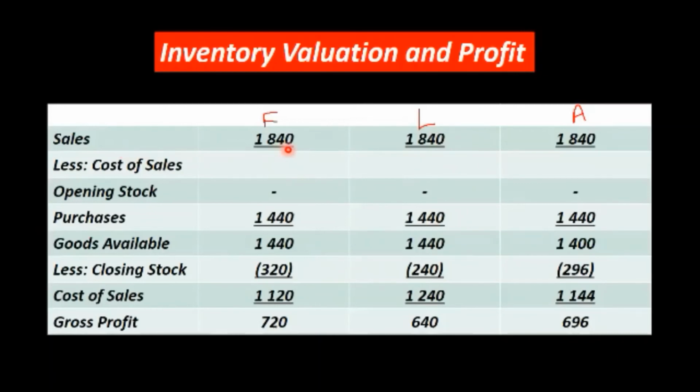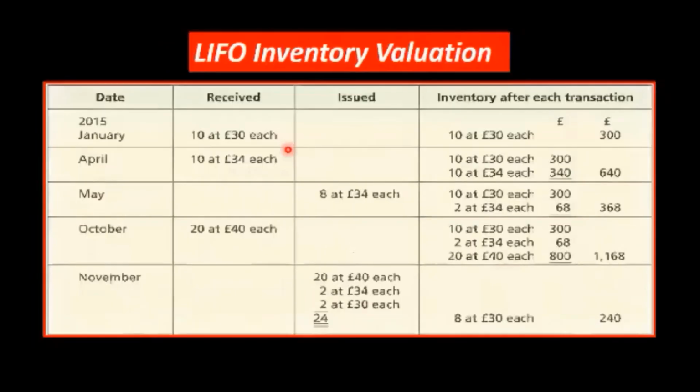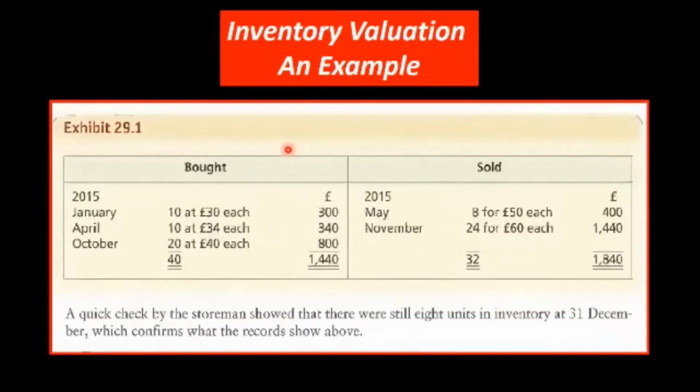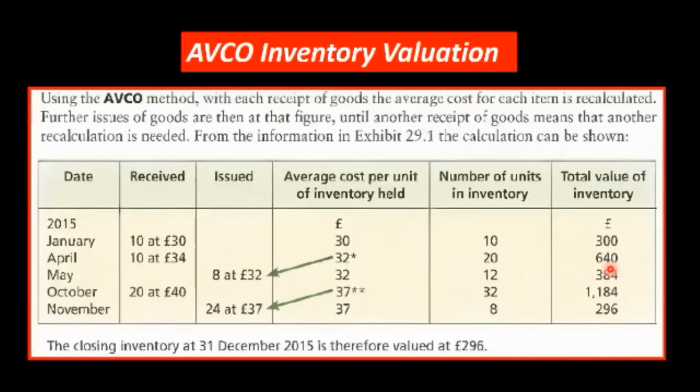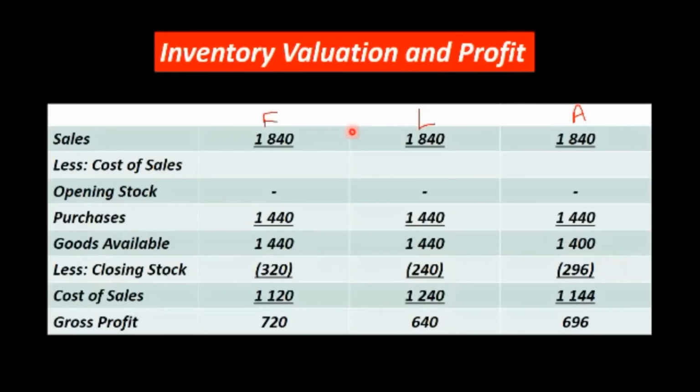The sales is 1840. We get that figure from over here, the sales sold here, 1840. It would be the same regardless of which method we use, because the price of the stock is taken from when you buy, right?